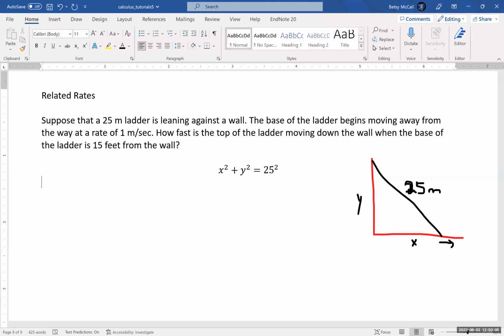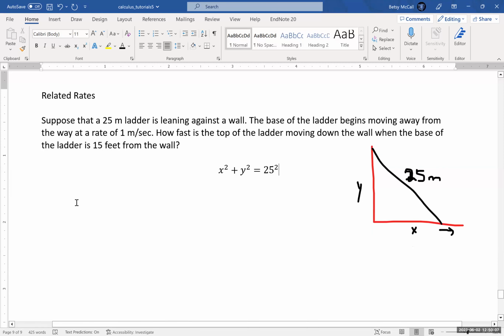Now, one mistake that students can sometimes make is that they may try to plug values in. So they'll see that the ladder is 15 feet away from the wall. You are eventually going to need to plug 15 into this equation, but in order to do the related rates problem, you need variables, because you need derivatives, and so you need to leave the variables in the equation until you take your chain rule, do your related rates formula, and get the rates in the problem.